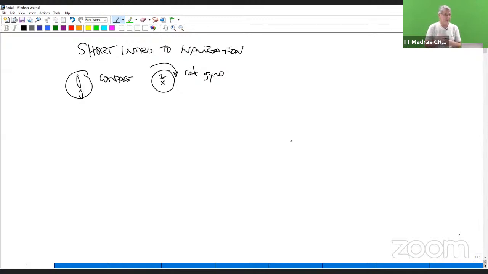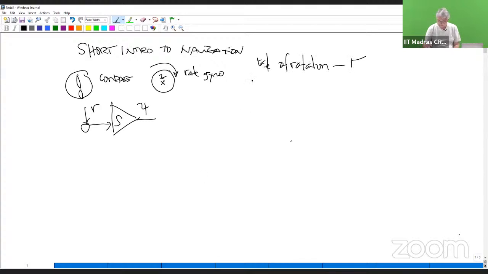Every time you want to design a system like this, in the back of your mind, you have to think about the physics. And what do you know? Conceptually, don't think about the noise on anything. So if you have rate of rotation called R and heading angle called psi, what do we know?